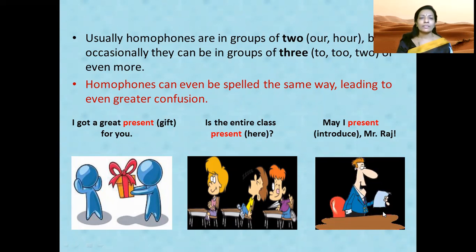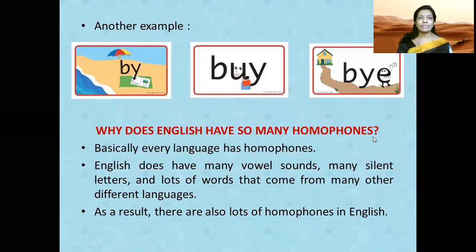That is, the three different images show how the word present, which sounds the same and which is spelled in the same way, has three completely different meanings. So now, when I use the word present in my sentence, I need to make it very clear that which present or which meaning I mean when I am using it. Here is another example.